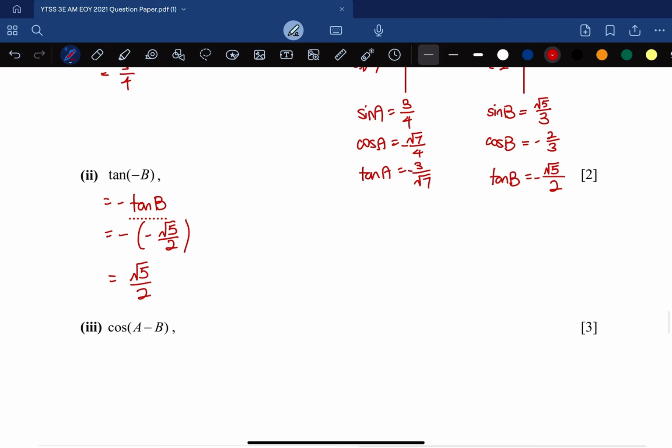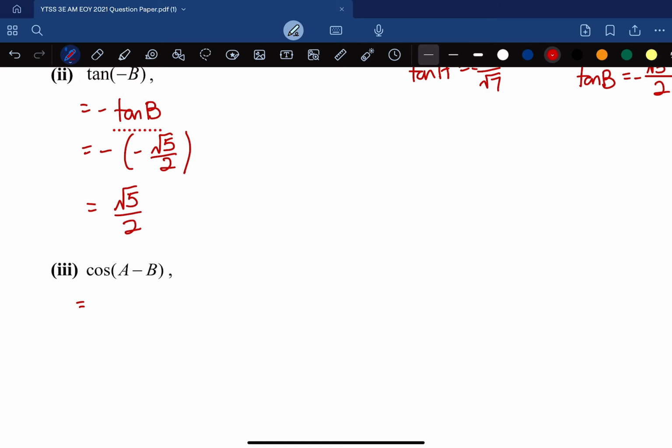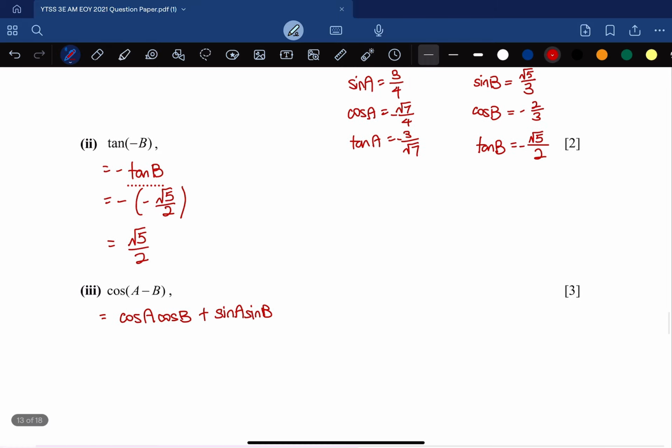And the last one, cosine of A minus B, this is your addition formula. You can rewrite this as cosine A cosine B plus sine A sine B. I just need to sub in my values.